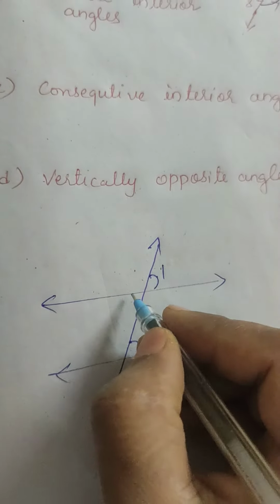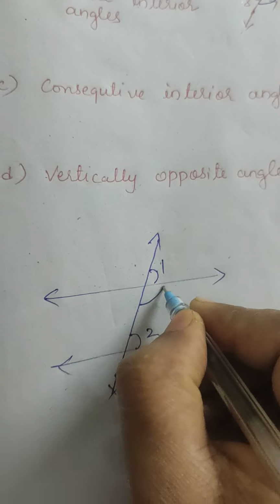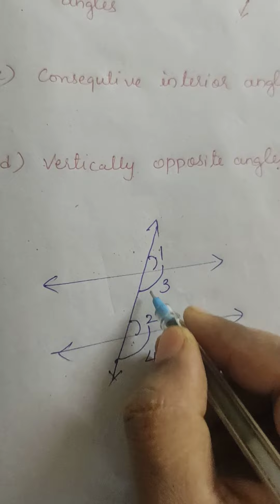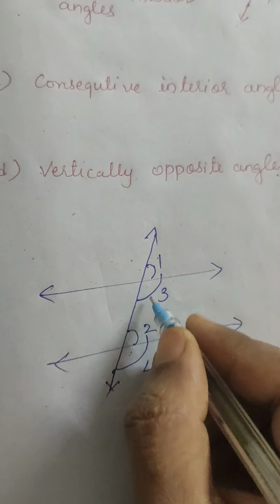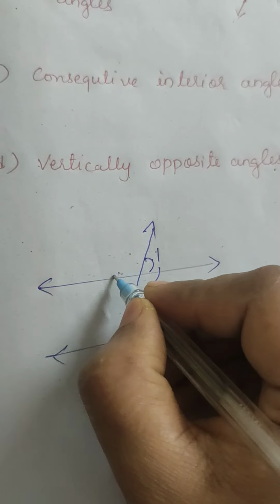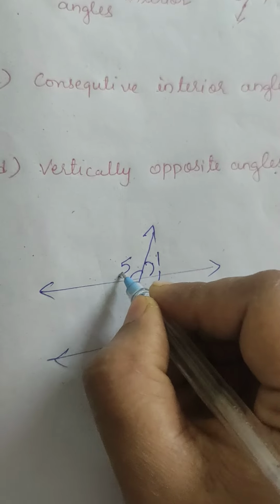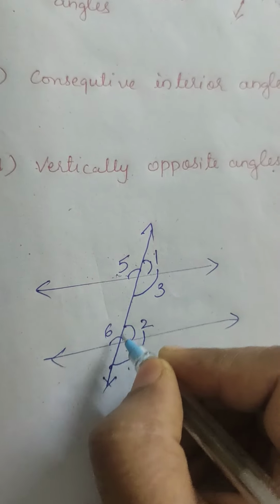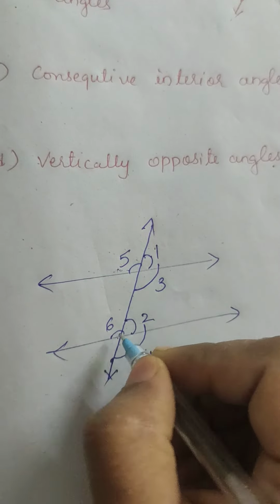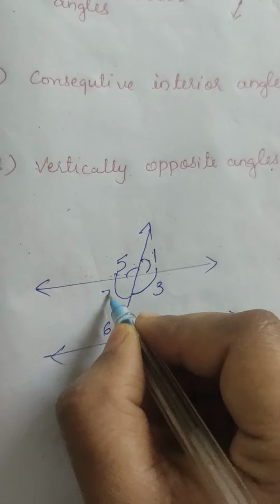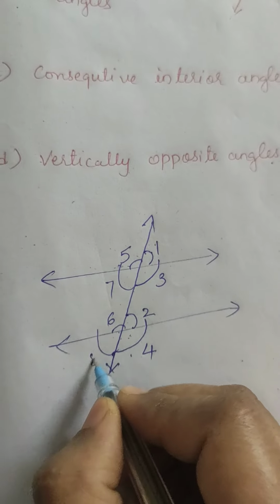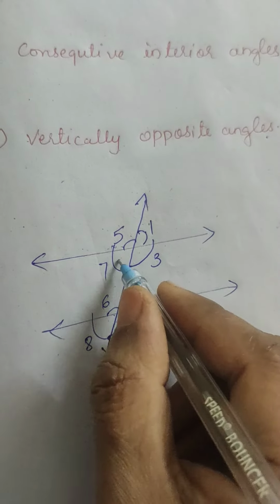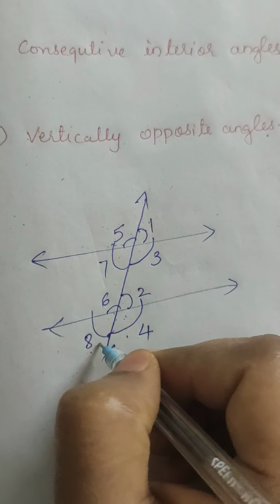Next, angle 3 and angle 4, these two are corresponding angles. Next, angle 5 and angle 6 are again corresponding angles. And next, angle 7 and angle 8 are again corresponding angles.